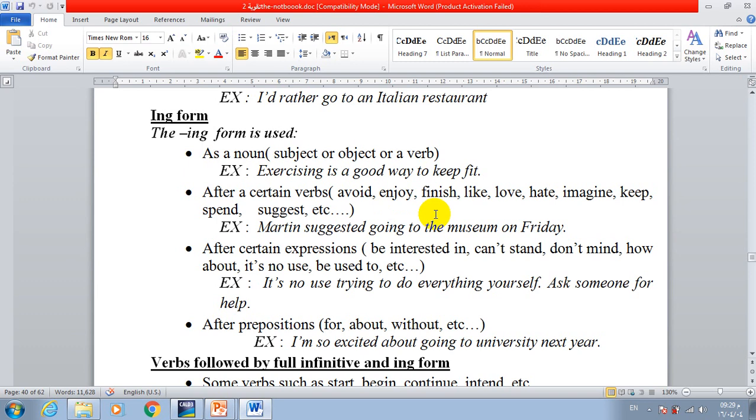Like you see in the example, Martin suggested going to the museum on Friday. Here we put the verb ing after the verb suggest.